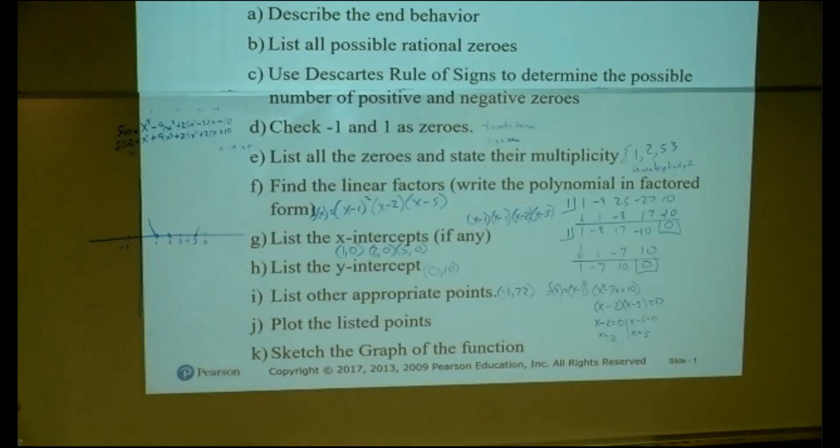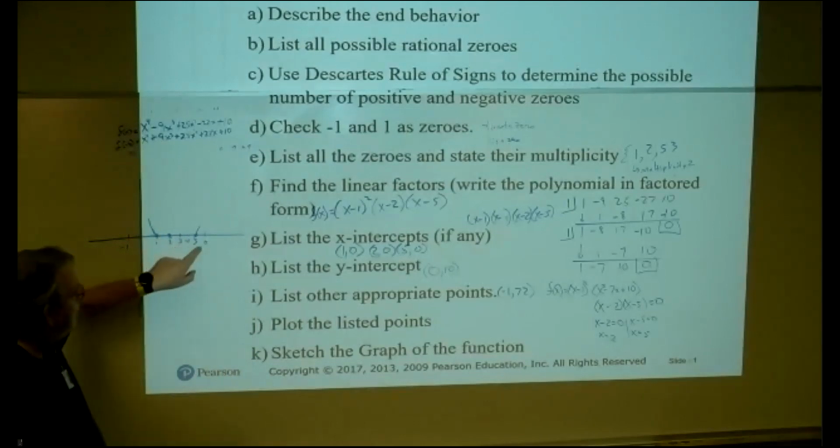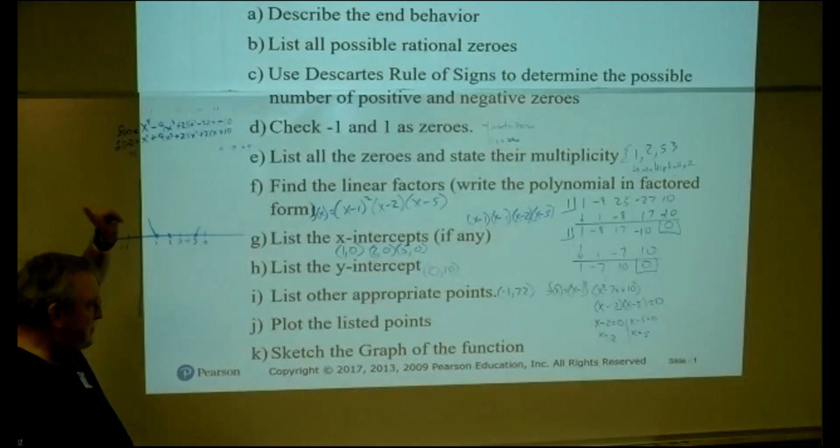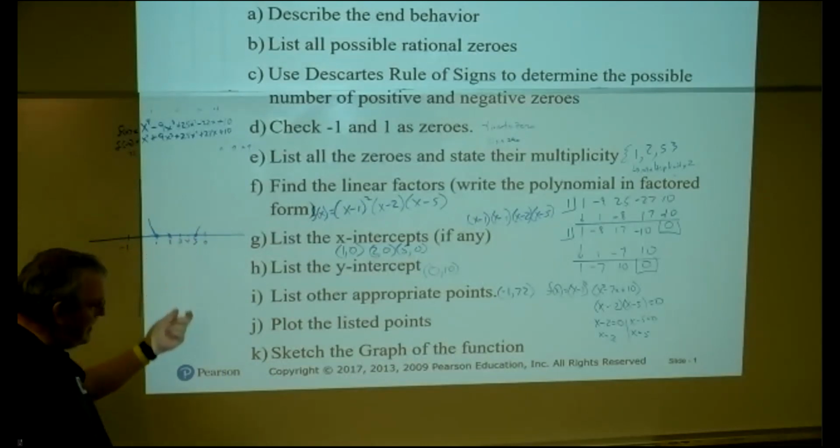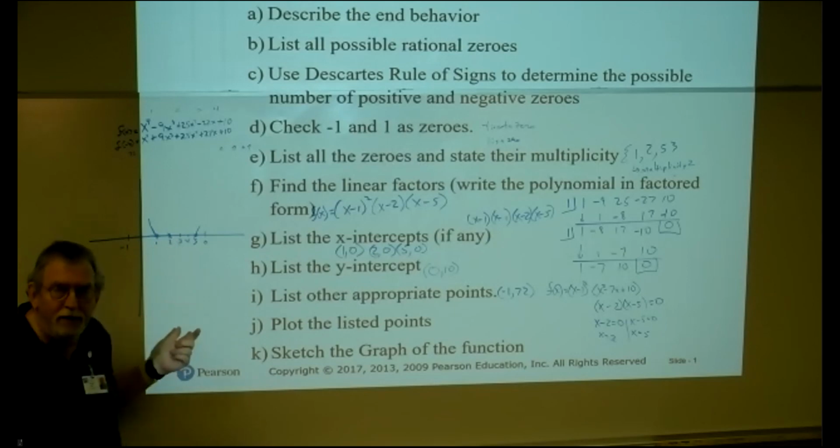So I only need to find 3 more points. I'm finding 6 to see how fast it's growing. Chances are it won't even be on my graph. But 3 and 4 tell me how far down this way it goes, and approximately where that relative minimum is.